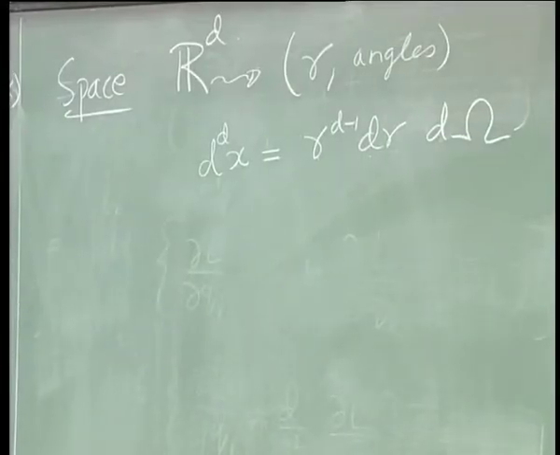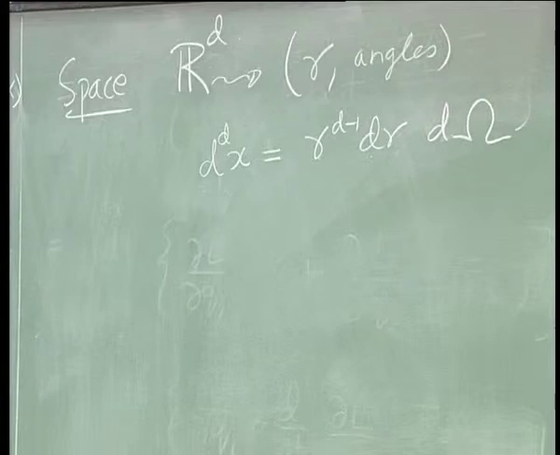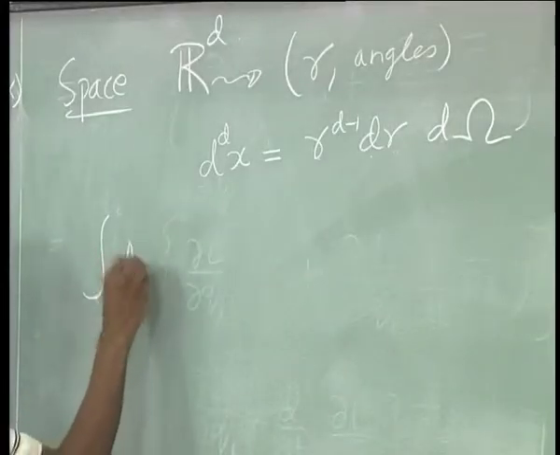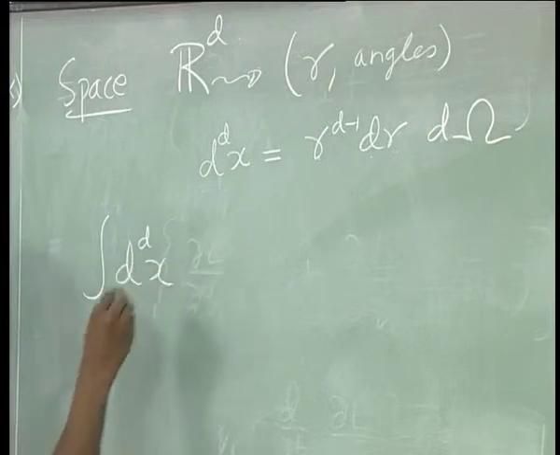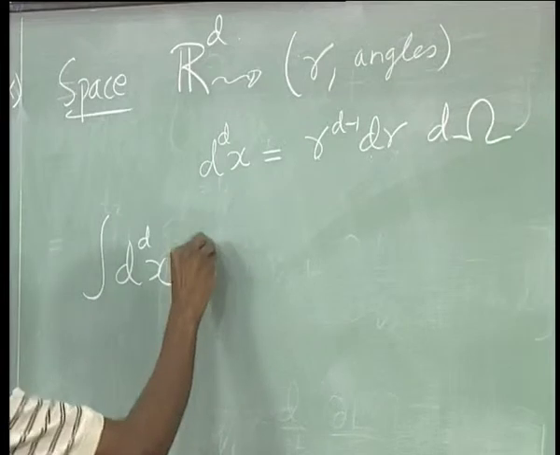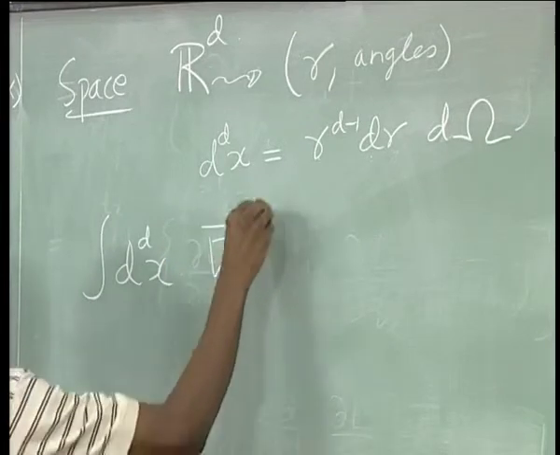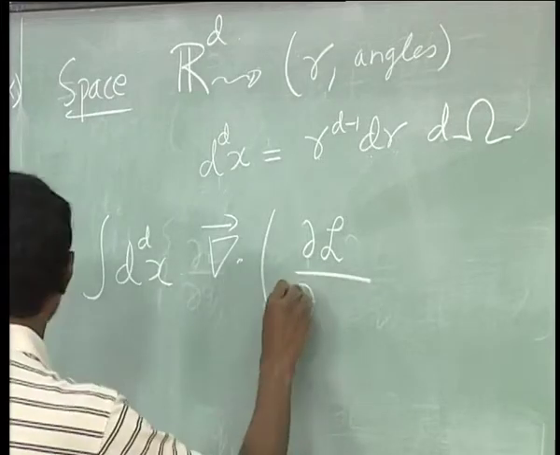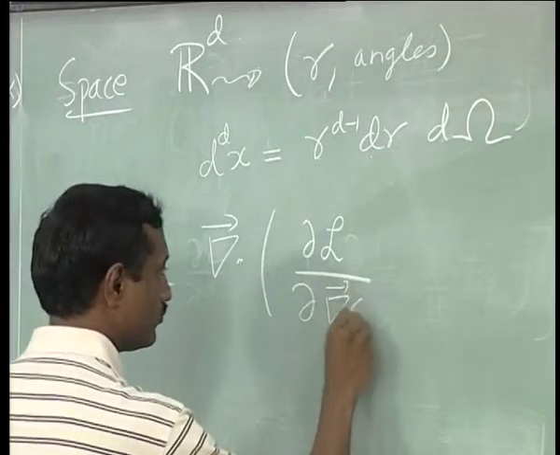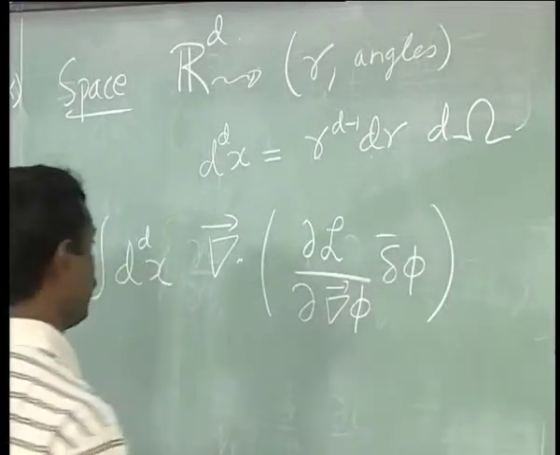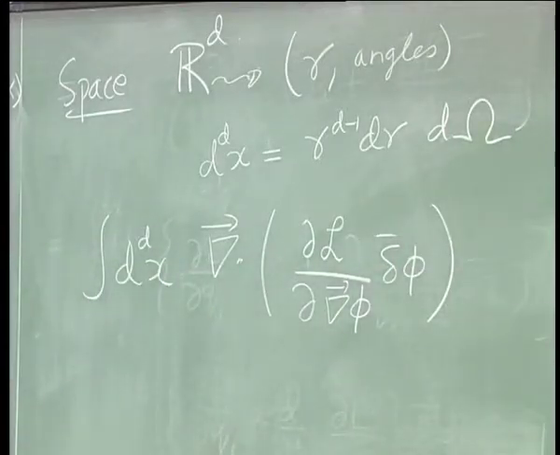Okay. So now the other part is the spatial part, which would look like d^d x times some d dimensional gradient dot. This is the term I am just writing out, that part.